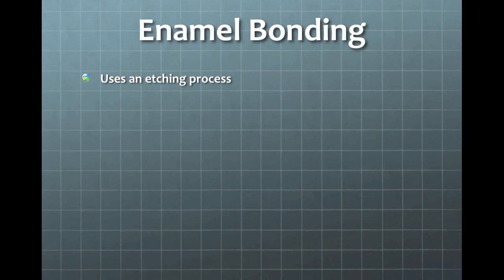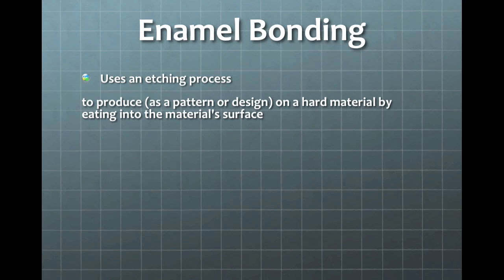Okay, enamel bonding. So how do we bond to enamel? Basically, we use an etching process. Like I said, Michael Buonocore described that all those years ago. The etching process produces a pattern or design on hard material by eating into the material surface.